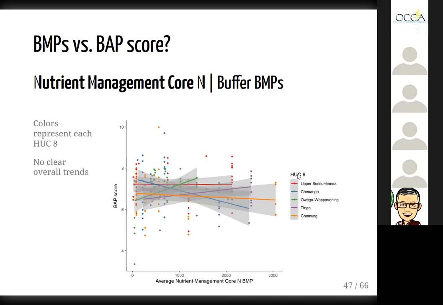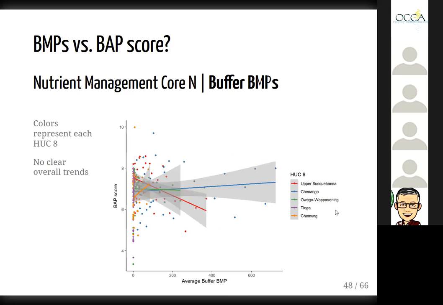But as we can see here, when we separate the data out, even by Huc 8, we don't really see any clear trends across the whole watershed. But maybe in some of these particular Huc 8s, we might see that they have some trend, although in others, we're seeing trends that are opposite to what we expect.